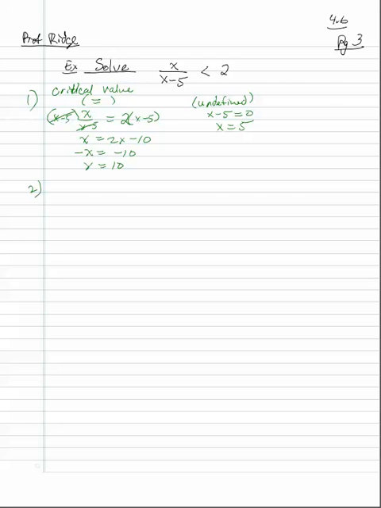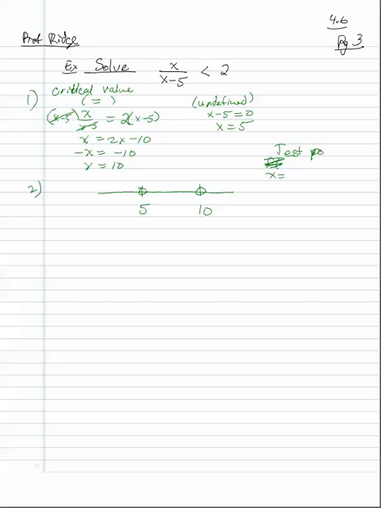Step 2. Okay, so both of them are going to be open circles because there's no equal sign. So we got 5, we got 10 open circles. And now on this one, we just have to do test values and see if it's true or false.